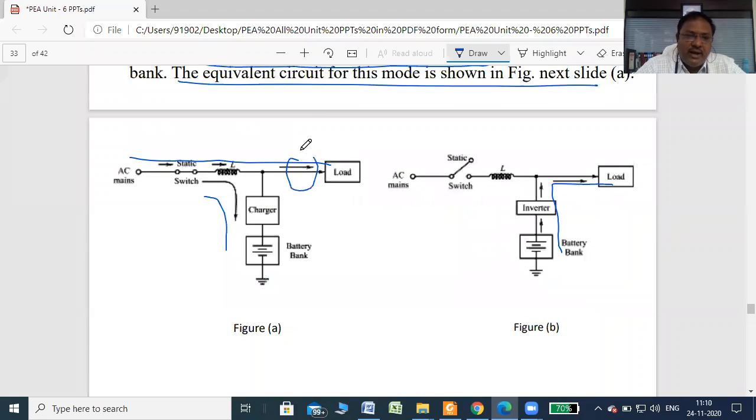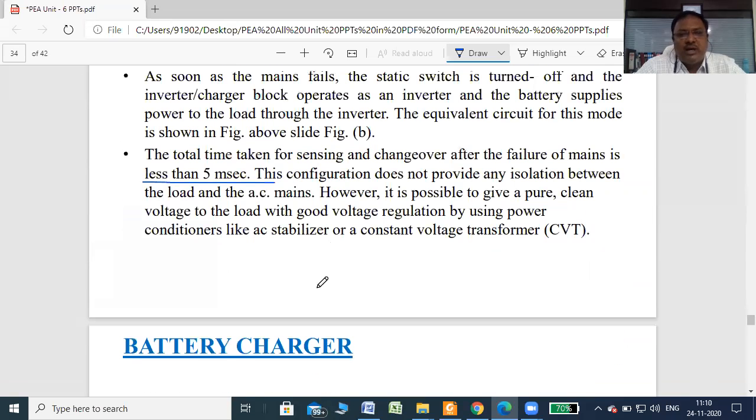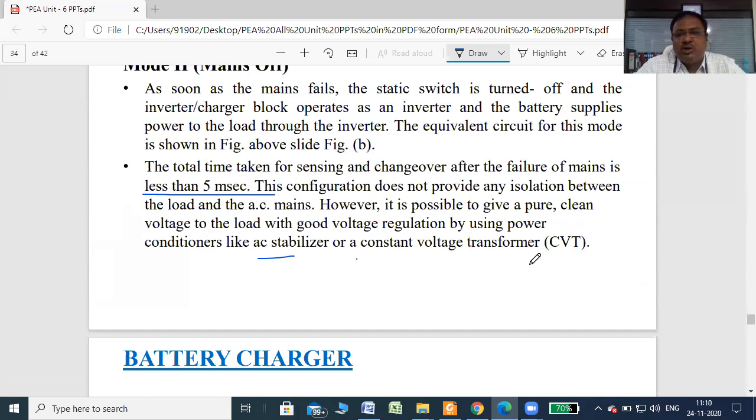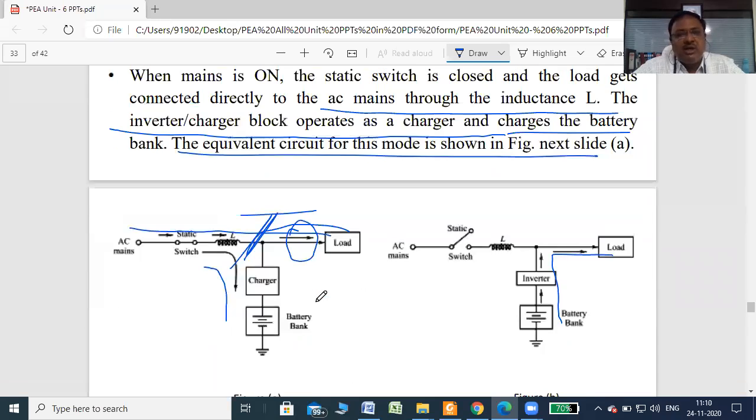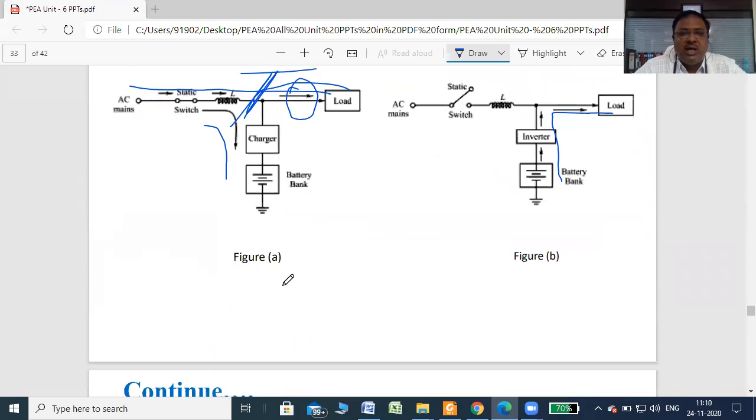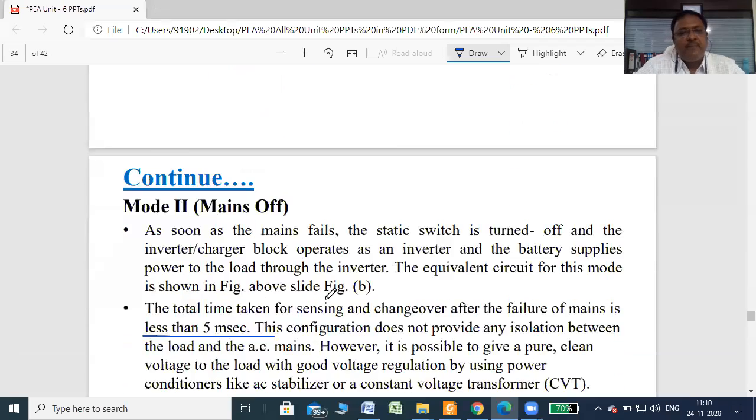So here we can connect an AC stabilizer at this particular point or a constant voltage transformer, so that we can use the same line interactive UPS for critical load. You can use either a stabilizer or a constant voltage transformer here at the output of this inductor, then you can directly connect critical load. Otherwise, you cannot connect critical load in the line interactive UPS. Okay.